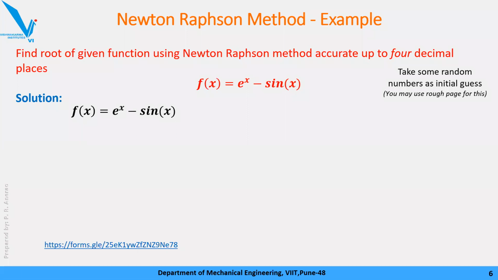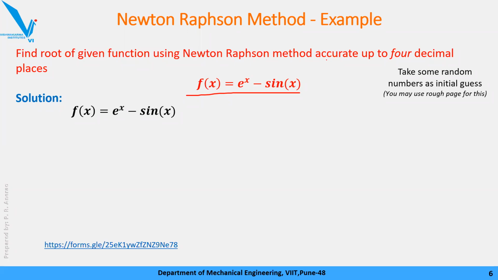We'll try to solve a small numerical based on the Newton-Raphson method. So we have to find the root of this function, e raised to x minus sine of x. They have specified when to stop.